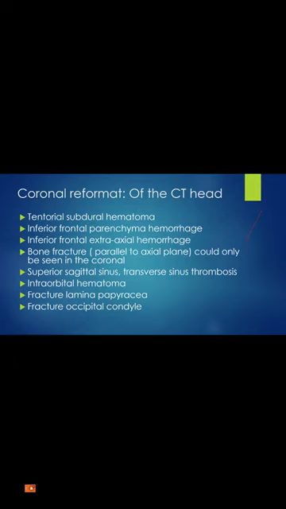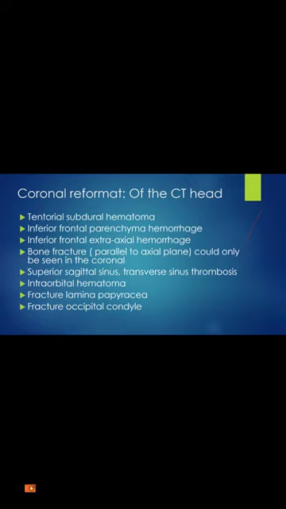Sometimes as you scroll in the axial images, with the high density of the surrounding bone near the anterior cranial fossa skull base, you see streak artifact that may give you a tendency not to look carefully for intraparenchymal hemorrhage. So doing the coronal formats can help finding this.